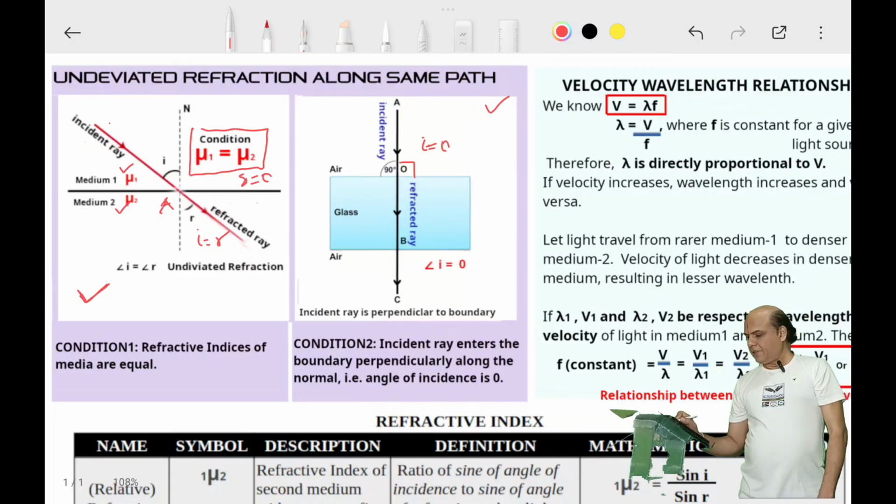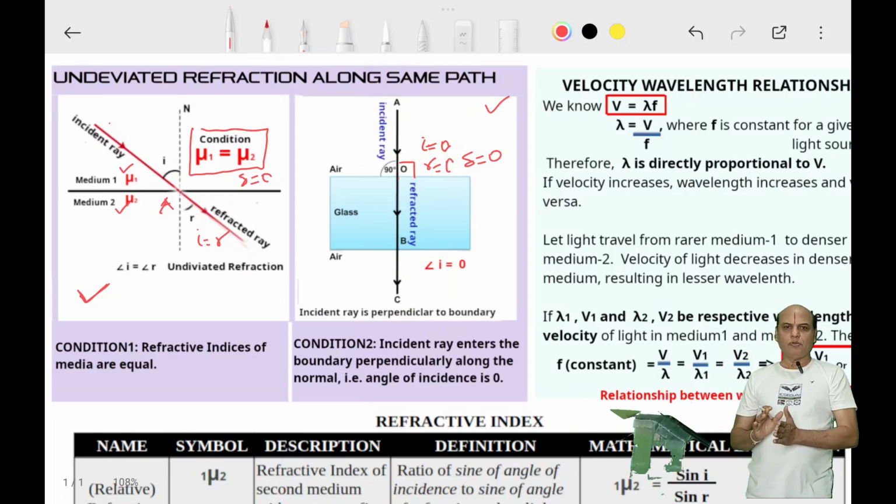In this case, the refracted ray moves along the same path and in the same direction. So here there is no deviation, so delta is 0. Then i is 0, therefore r is also 0. So here the refraction is undeviated, and the refracted ray moves in the same path, in the same direction.